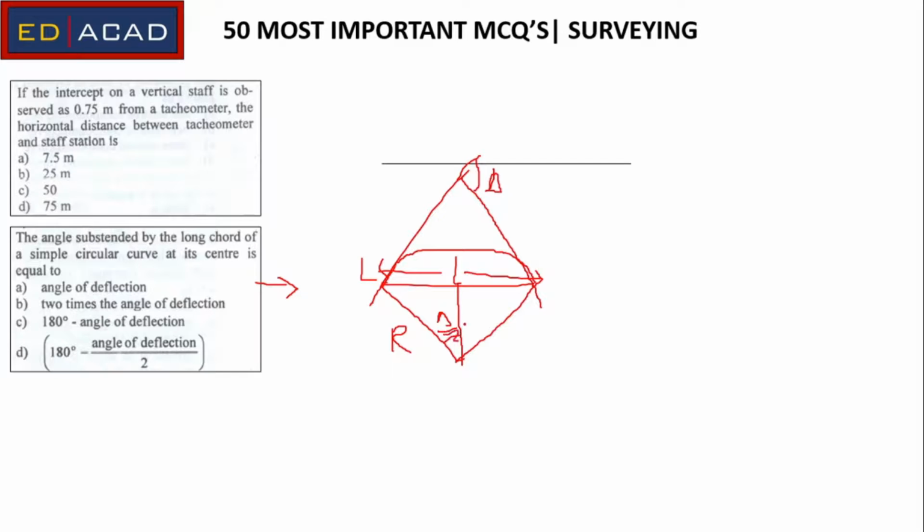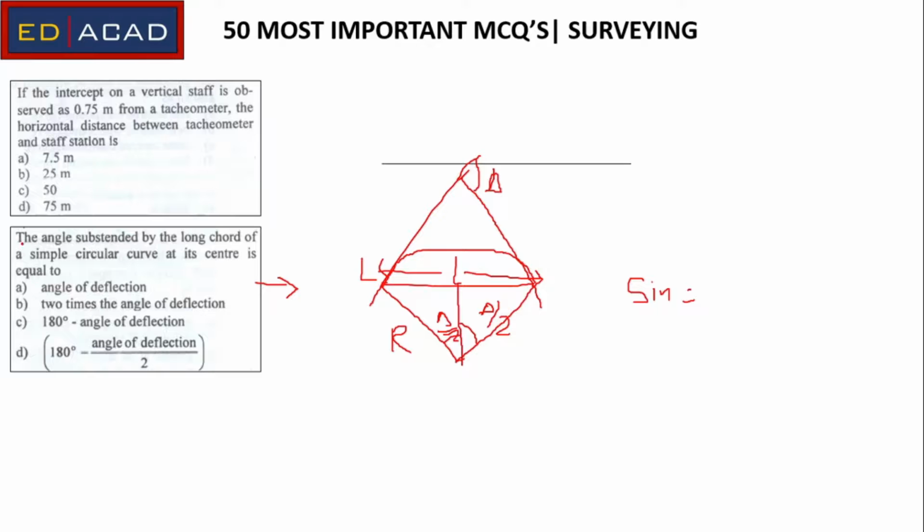I have also covered this part in detail in one of the videos, you can go and check it out. Let's look at this small triangle, and if we apply the sine rule over here, we'll get this as the length.